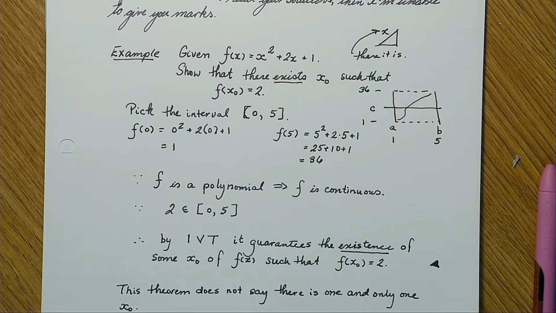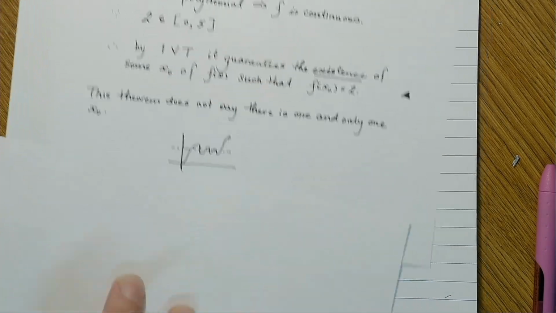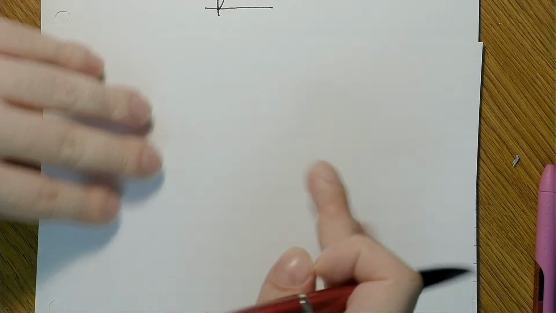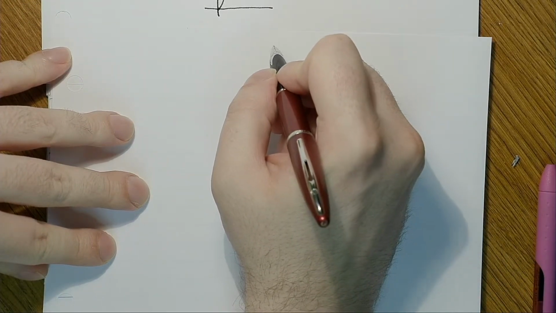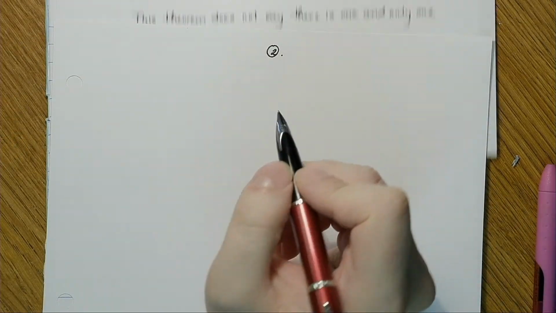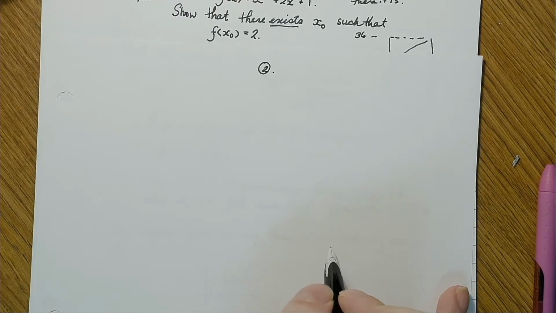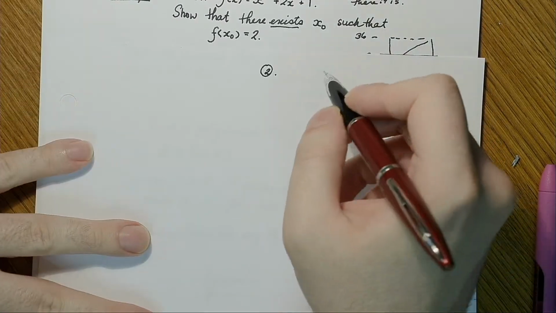In this case, though, what we could actually do is find that point. Since we showed that it exists, we should be able to find it. Kind of like a treasure map. We know that the treasure exists, so we should be able to find it. So I'm going to roughly sketch this out.